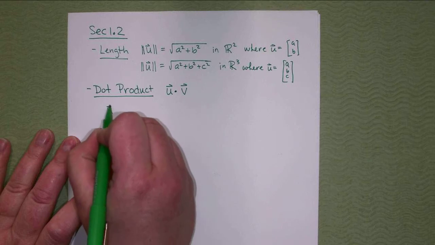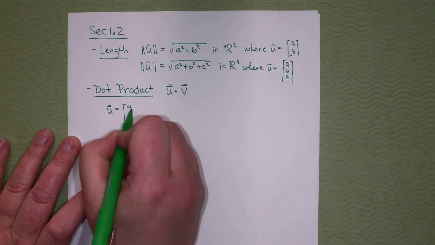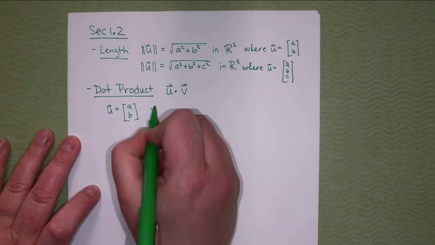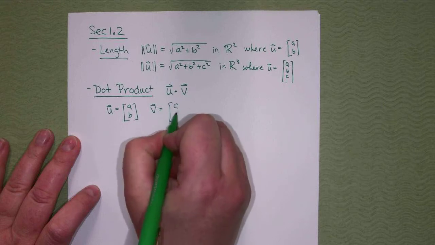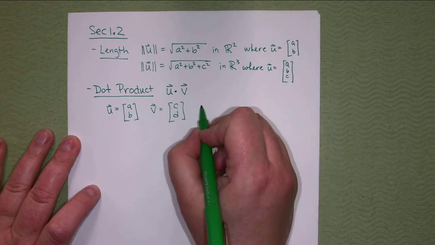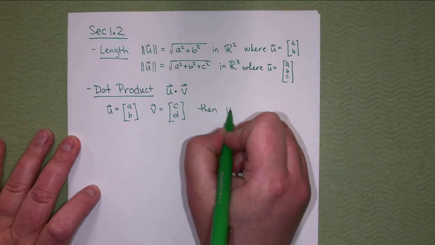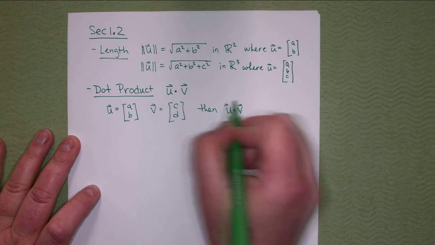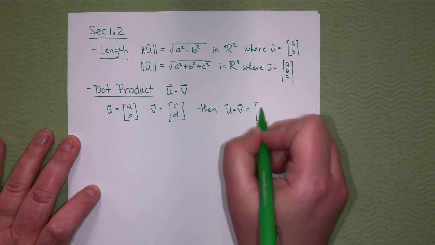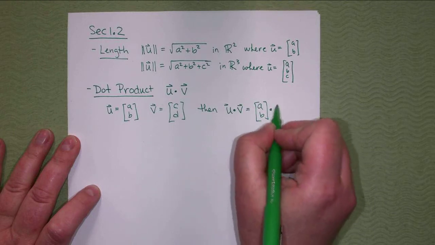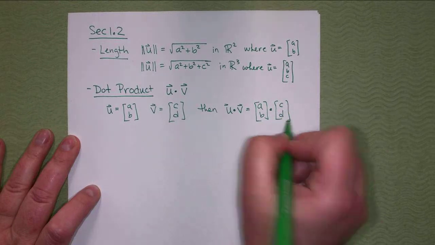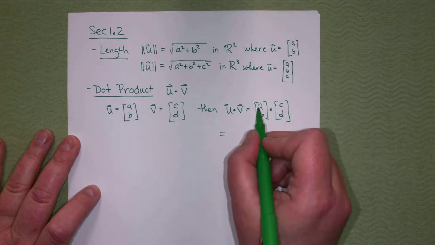If u is the vector (a, b) and v is (c, d), then the dot product is found by multiplying corresponding entries.